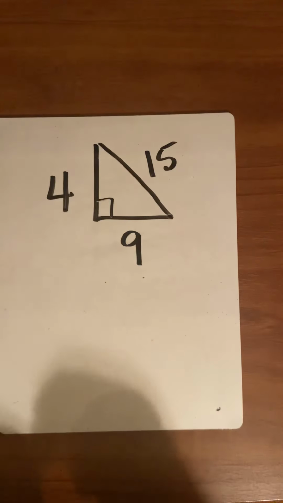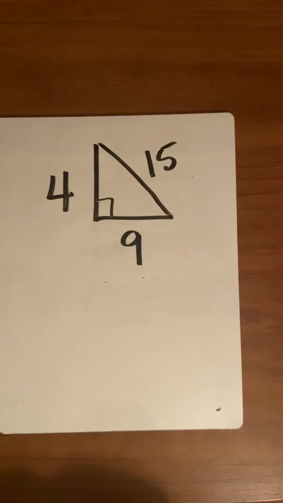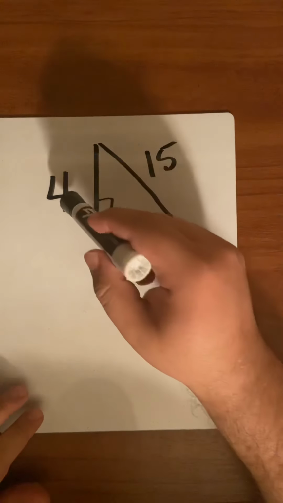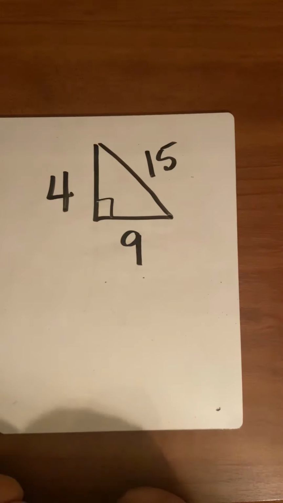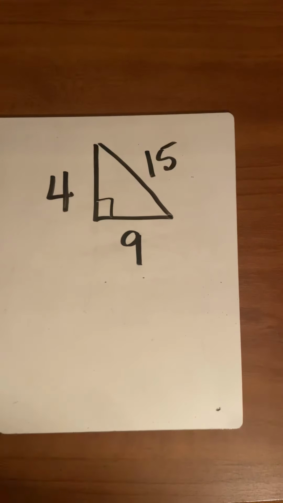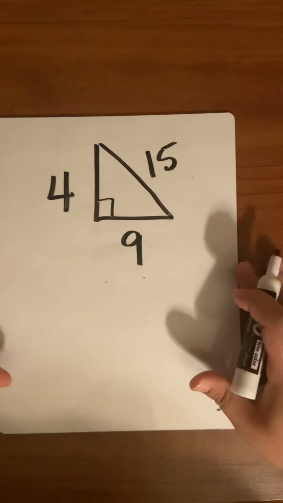Now some of them, they're going to give you all 3 numbers, and they're going to ask you, is this a right triangle? Now it definitely looks like one. The only way to prove it is to apply the Pythagorean theorem.